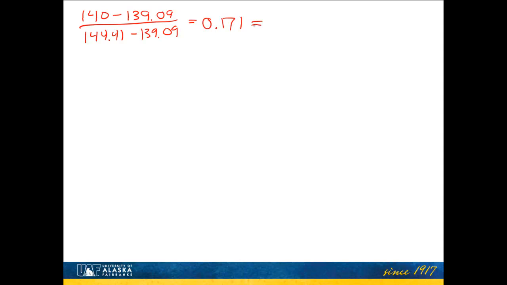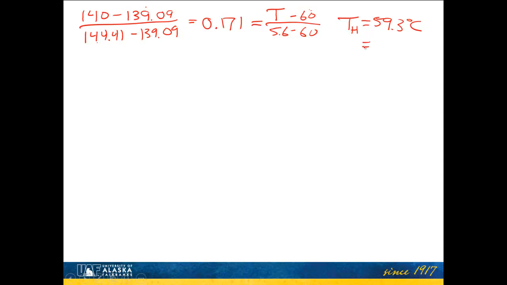And now I'm interpolating between the temperatures of 60 and 56. So T minus 60, and this would be 56 minus 60. Now note that the temperature 60 correlates to the number 139.09 and 56 corresponds to 144.41, so those two things are symmetric. And from there I can solve for the temperature, and that is 59.3 degrees Celsius, and that is the high temperature.